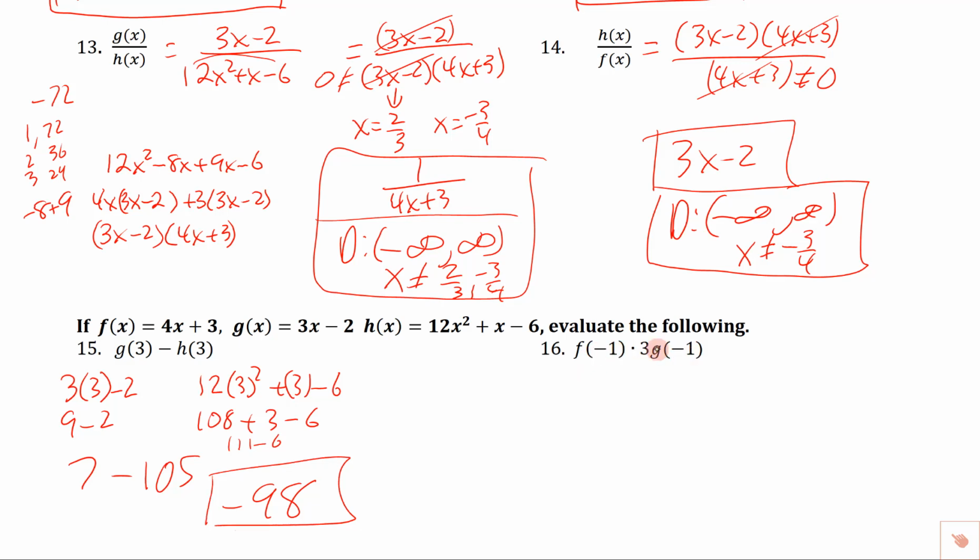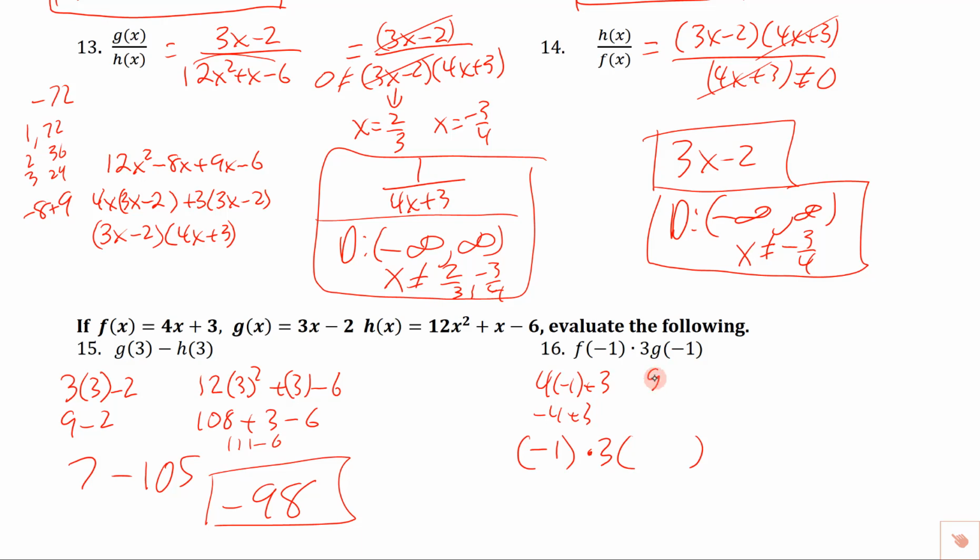We're plugging in a negative, so we want to be a little bit careful with this. And we've got some multiplication here. So f of negative 1, so that's going to be 4 times negative 1 plus 3. So that's going to be negative 4 plus 3, so I get a negative 1. So this first value right here is negative 1, and then I'm going to multiply it by 3 times whatever I get out of g of negative 1.